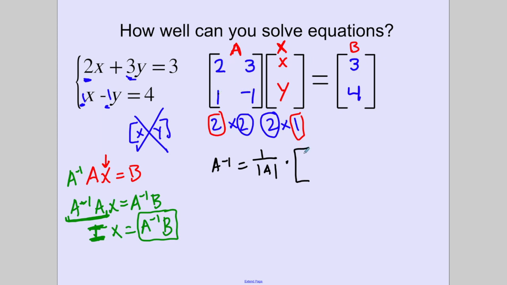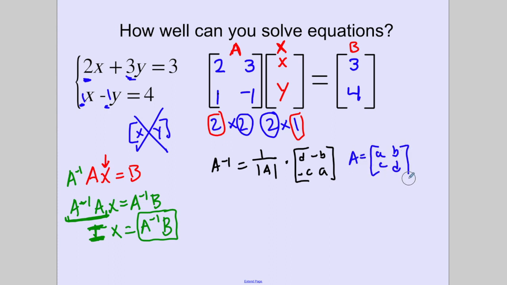Now we're going to have D, negative B, negative C, and A here. Alright, so let's find our determinant first. So if we have a matrix A that is A, B, C, D, the determinant of A equals A times D minus B times C.